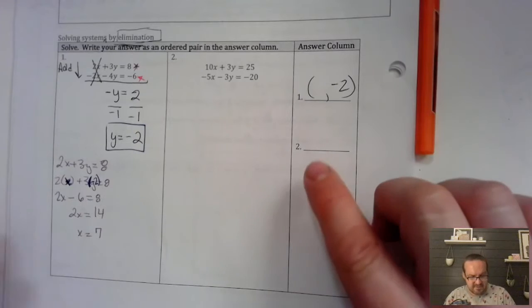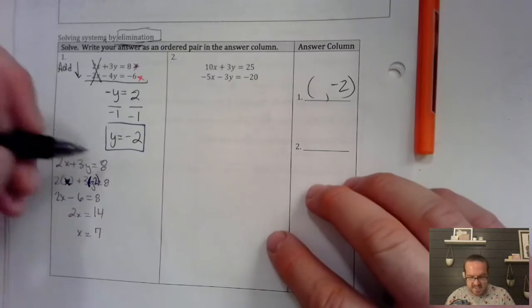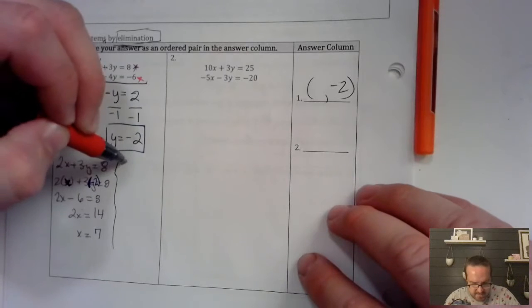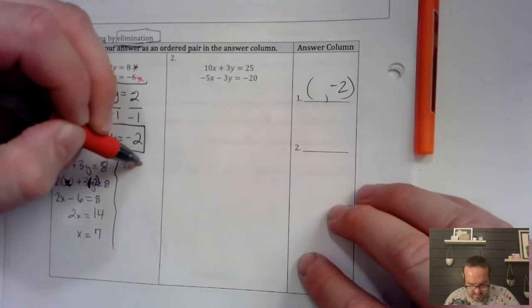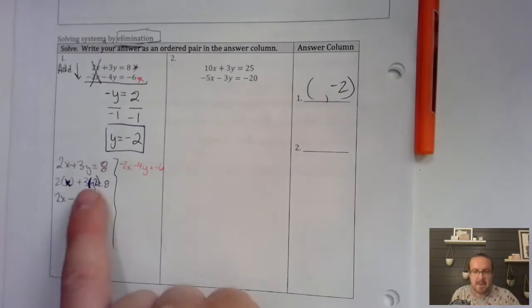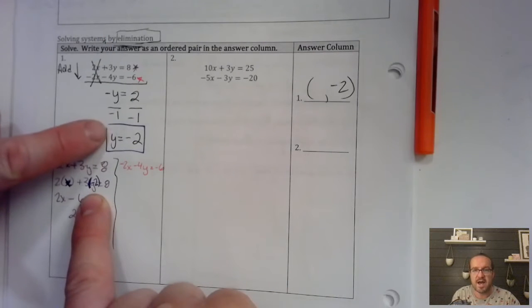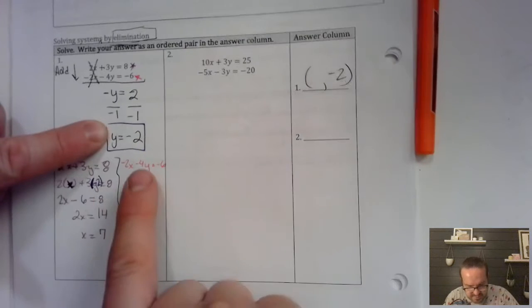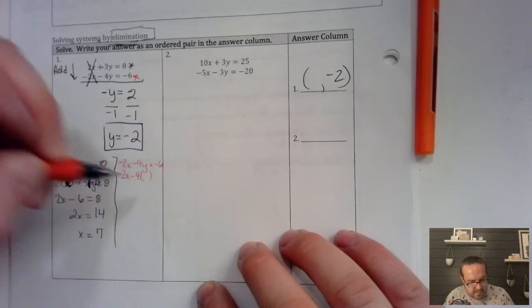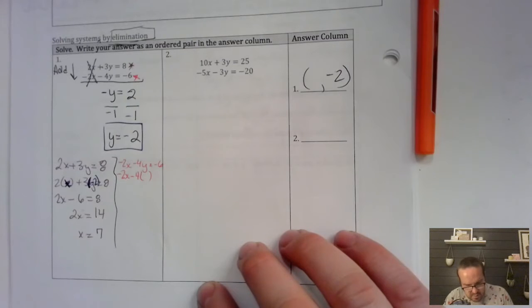I could verify that just by plugging it into the other equation. I said that was going to be in red. Negative 2x minus 4y equals negative 6. And again, I'm going to do a better job of actually substituting my value of y in for the y this time. So it was negative 2x minus 4y equals negative 6.